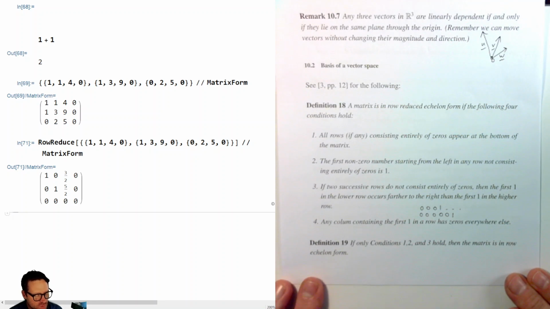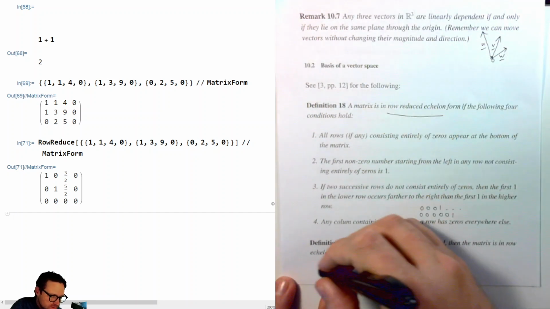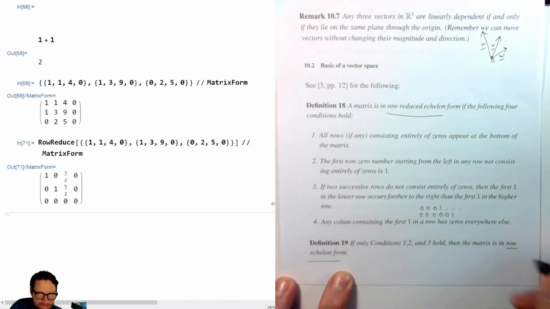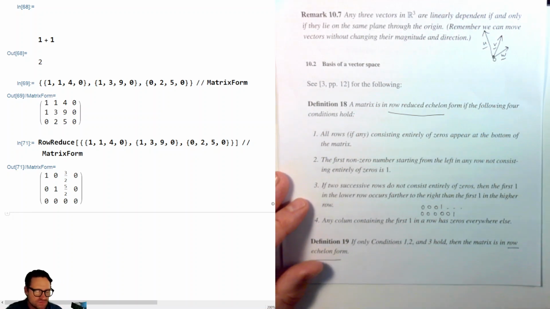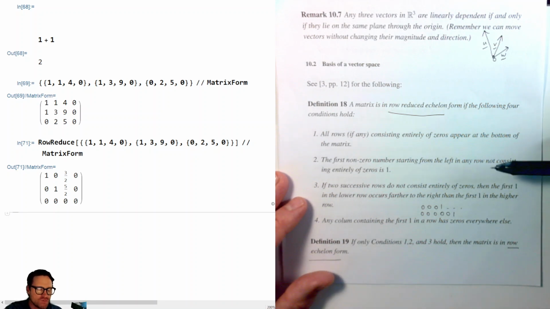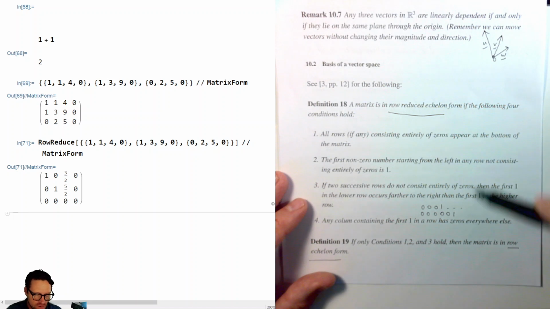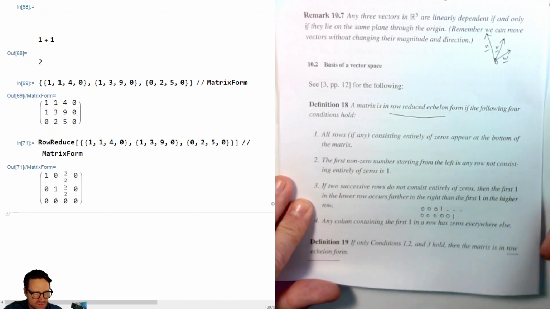If only conditions 1, 2, and 3 hold, then the matrix is in row echelon form, as opposed to row reduced echelon form. So what we're generally going to do to answer questions is put our matrix in row reduced echelon form, so the entire Gauss-Jordan algorithm.